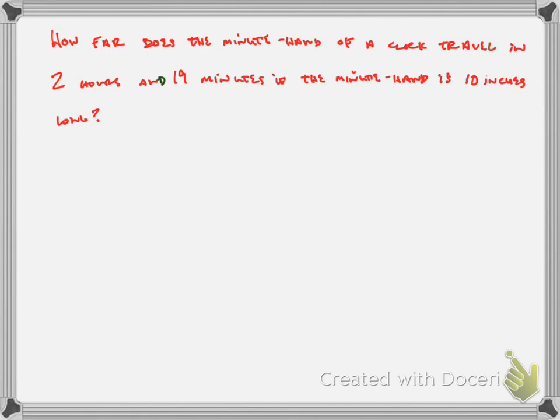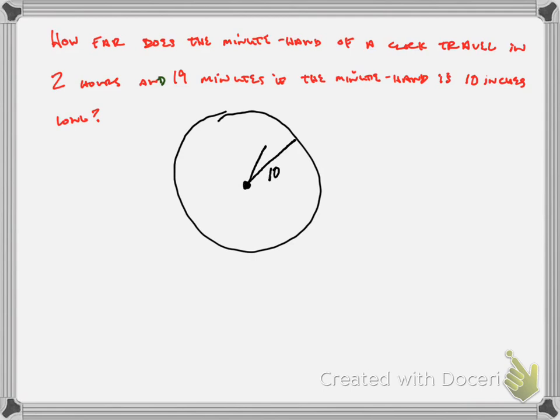As I often do in class, I'm going to draw a picture. I've got this watch, and a watch has an hour hand. I'm sorry, a minute hand and an hour hand. The hour hand is shorter. So this is my minute hand, and my minute hand is 10 inches. There's a symbol for inches.